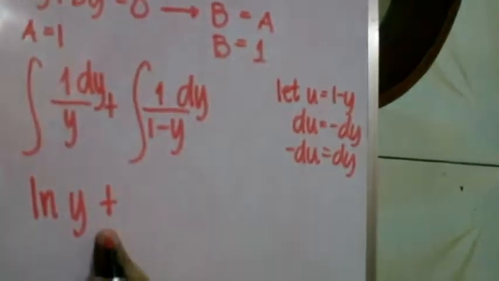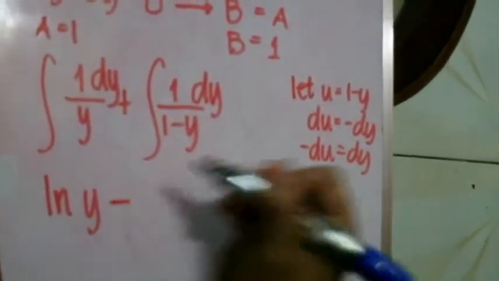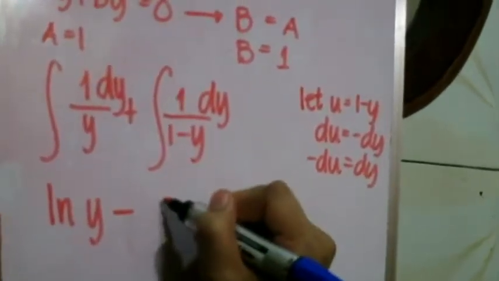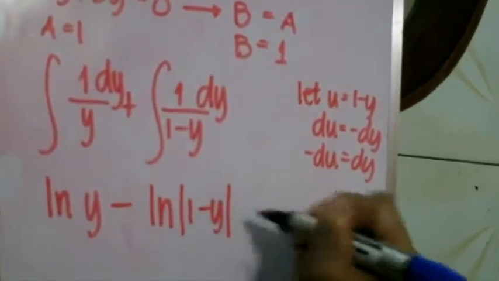So transforming this plus sign into minus ln of 1 minus y is equal to the right side equation ln x plus c.